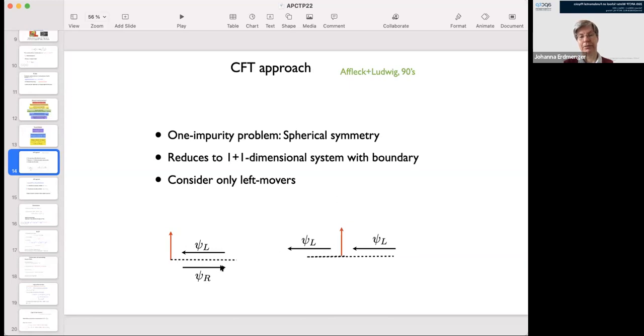So this arrow is just flipped over to the other side. And then we arrive at this chiral model where there's only left movers, and that simplifies the computation a lot. This is achieved by introducing these negative values of the radial coordinate. It's just some calculational trick, if you want.